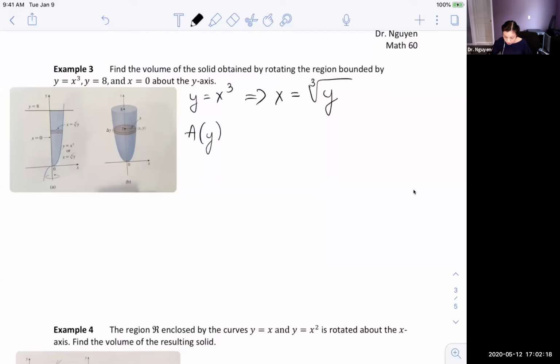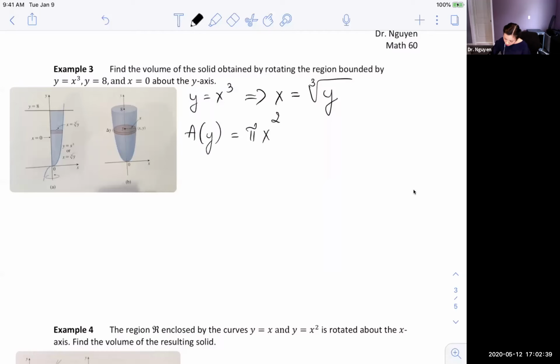So now I'm going to write A of y. And remember, area is pi r squared, right? So in this case it is pi x squared. X is the radius, so r squared means x squared.